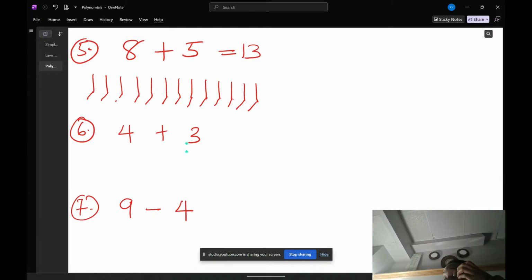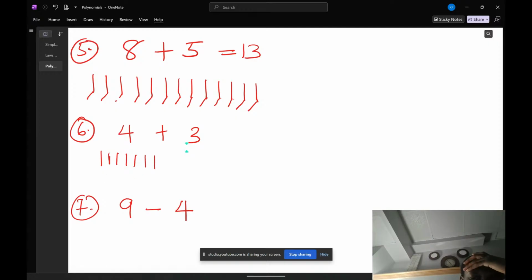Okay. So now we have 4 plus 3. So we count 4, we count 3, and we count everything together. So let's count 4. 1, 2, 3, 4. Now let's count 3. 1, 2, 3. Okay.